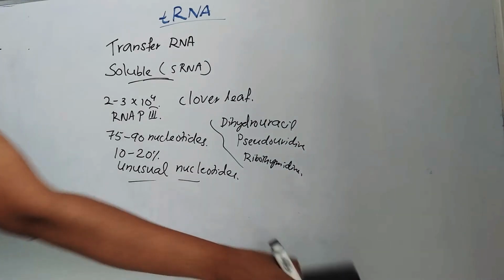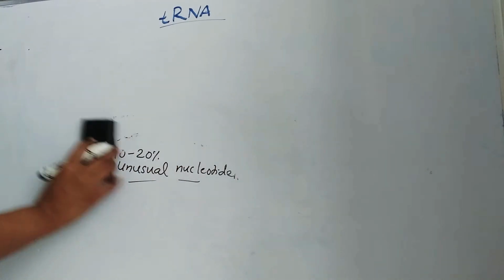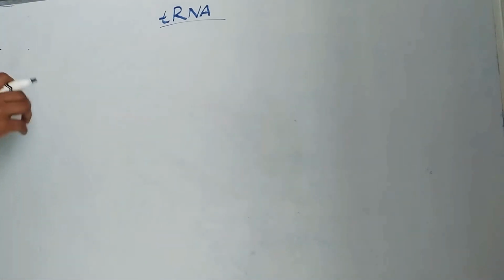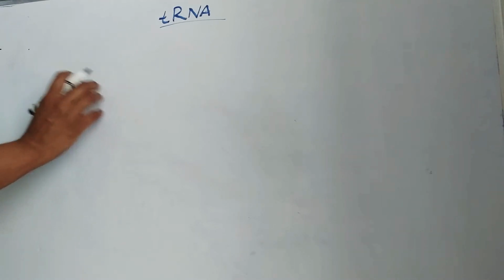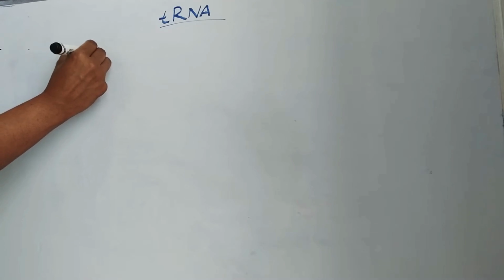So coming to the structure of tRNA, the secondary structure is known as clover leaf model or clover leaf structure. All tRNA molecules contain 4 main arms or loops.